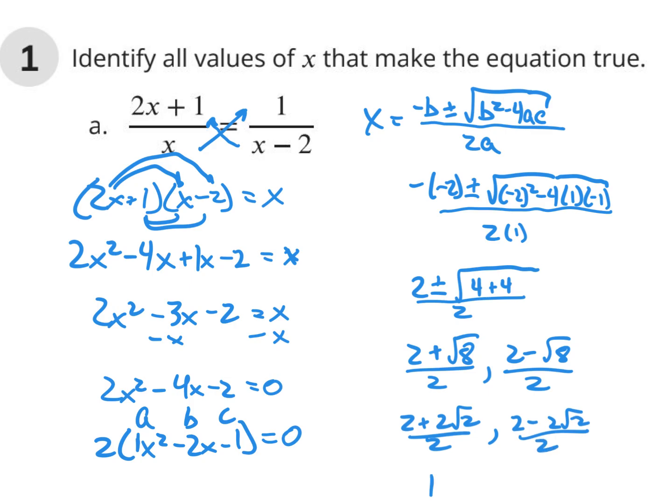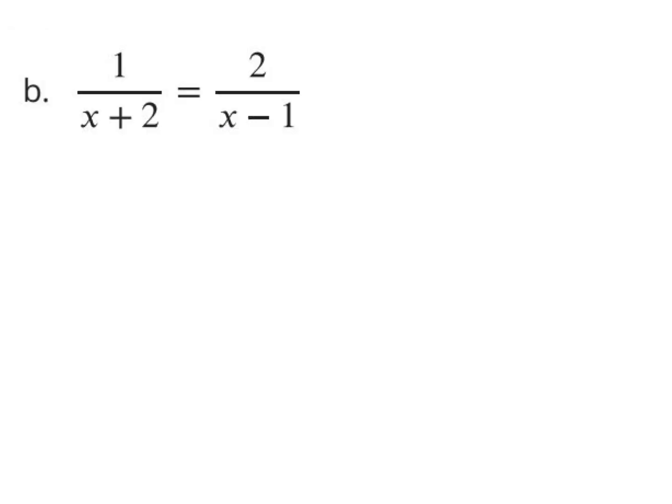And this becomes 1 plus root 2, 1 minus root 2. We're going to talk about this in the next unit. Maybe you know how to simplify radicals. Maybe you know the quadratic formula. But this is just extra stuff we'll do next unit. So I'll explain it then.